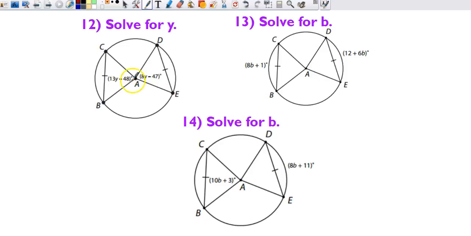Just a couple more on here. I feel like doing all 3 of these is overkill, but I'll do at least the first one, maybe the second one too. We want to solve these for y. So these are actually talking about the angles here. Anytime you see that degree symbol, let's talk about the angles.